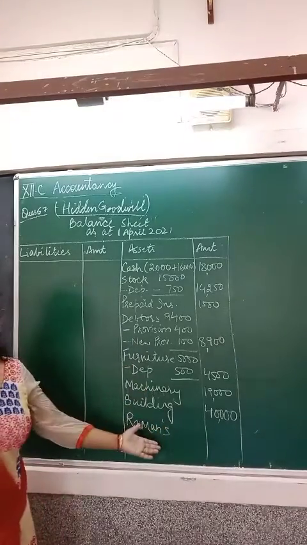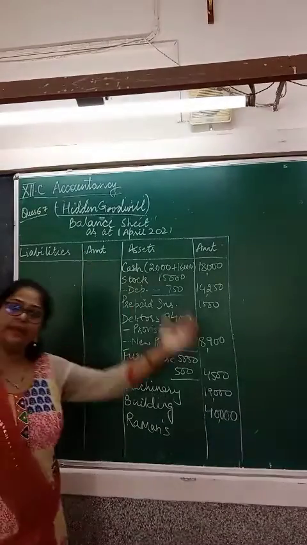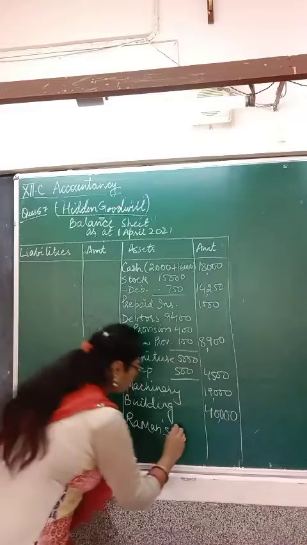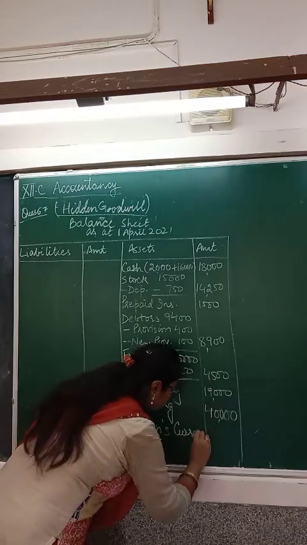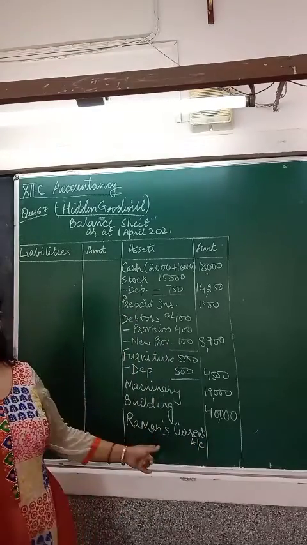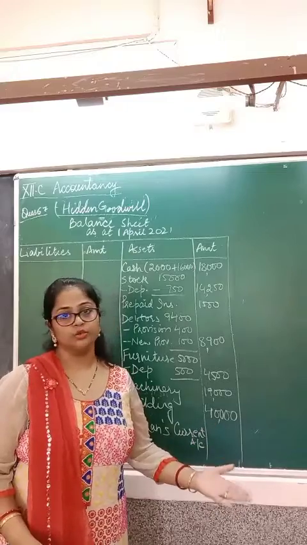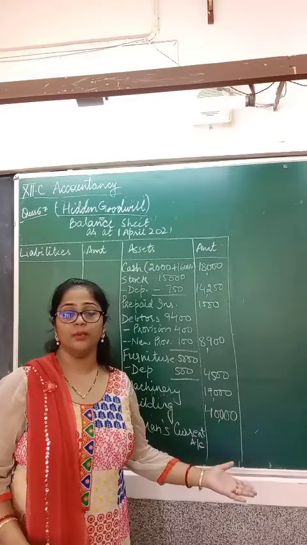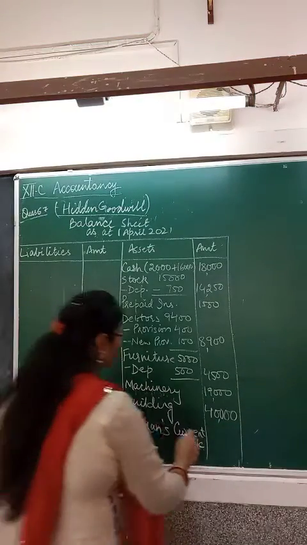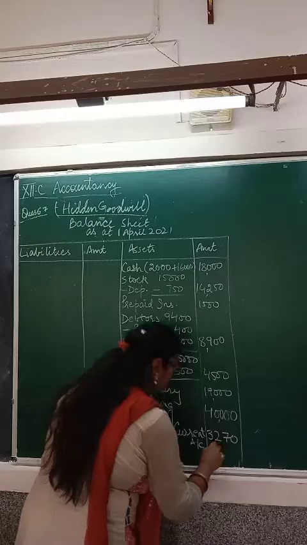His capital is to be shown on the liability side. Any negative balance of the current account is to be shown on the asset side. Raman's current account is that amount of goodwill which he has not brought. It was only raised through his current account and given away to the old partners in the sacrificing ratio. This is rupees 3,270 as we calculated.